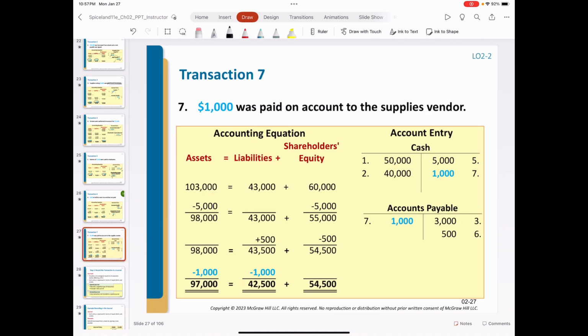In transaction 7, the law office now pays $1,000 to the vendor. So that means the liability, accounts payable, is partially paid off, right? The company makes payments, the assets reduce, while the liability is paid off, so $1,000 decrease.